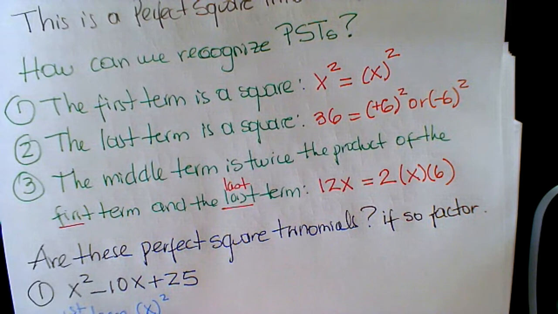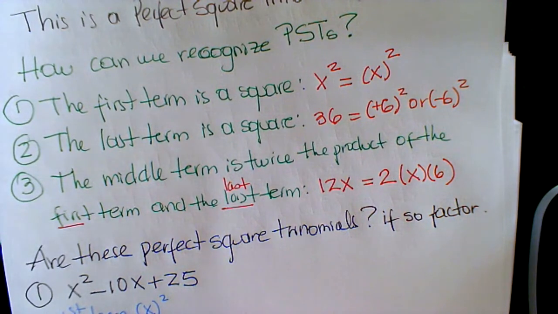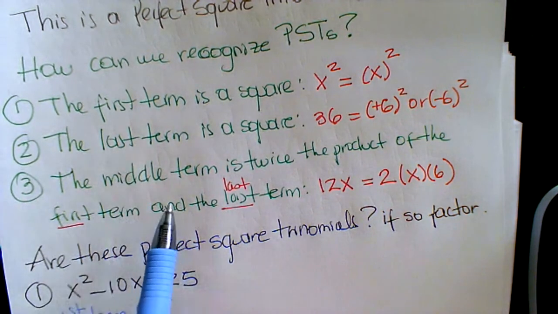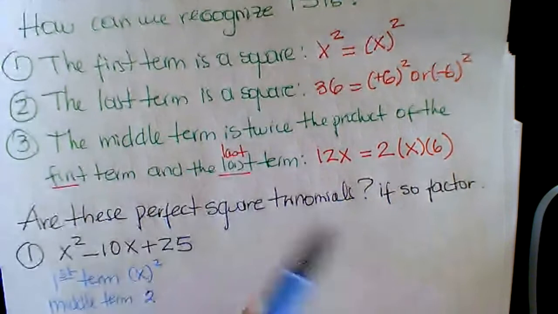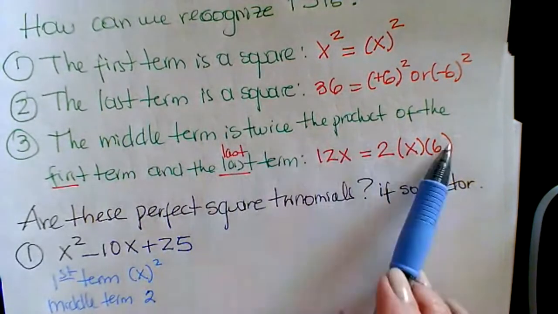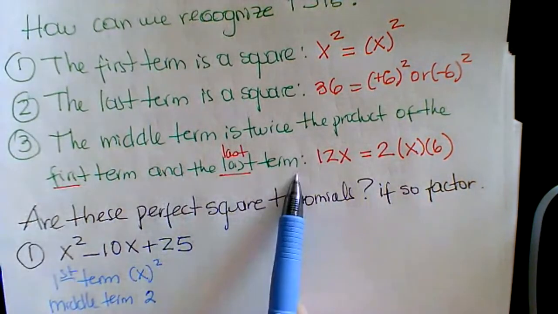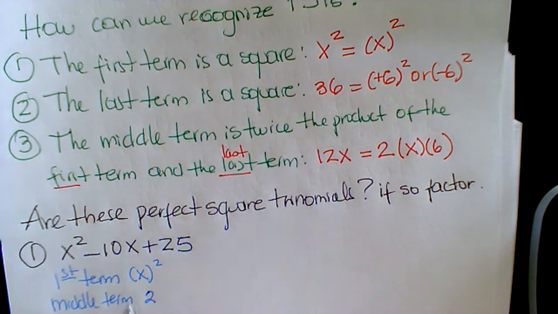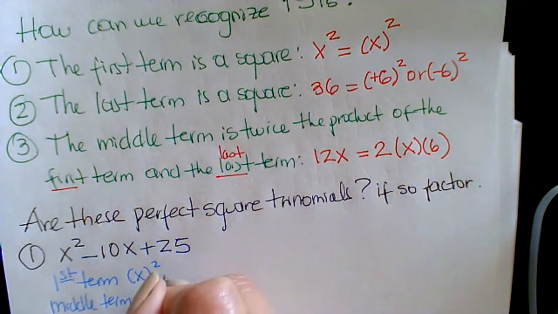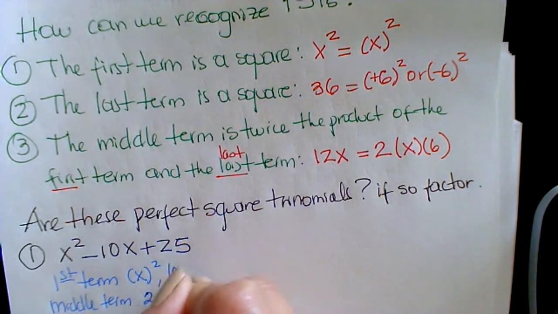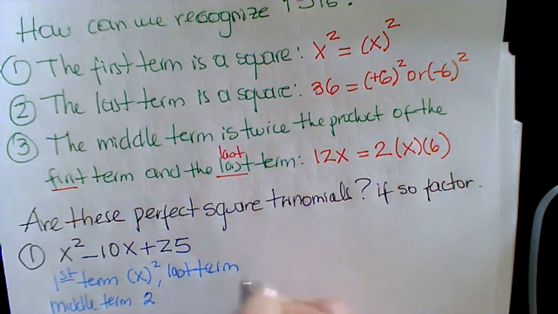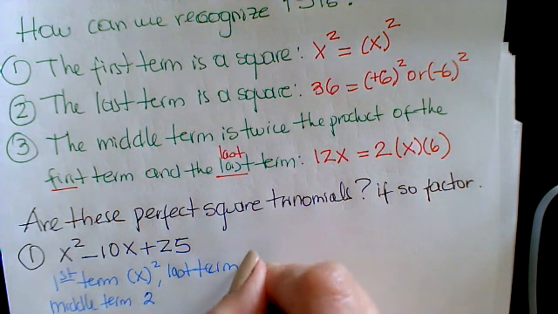What do we say? Oh, it's the last. Okay, sorry. But the middle term is twice the product of the first term and the last one. The last term, what is the last term? It is 5.